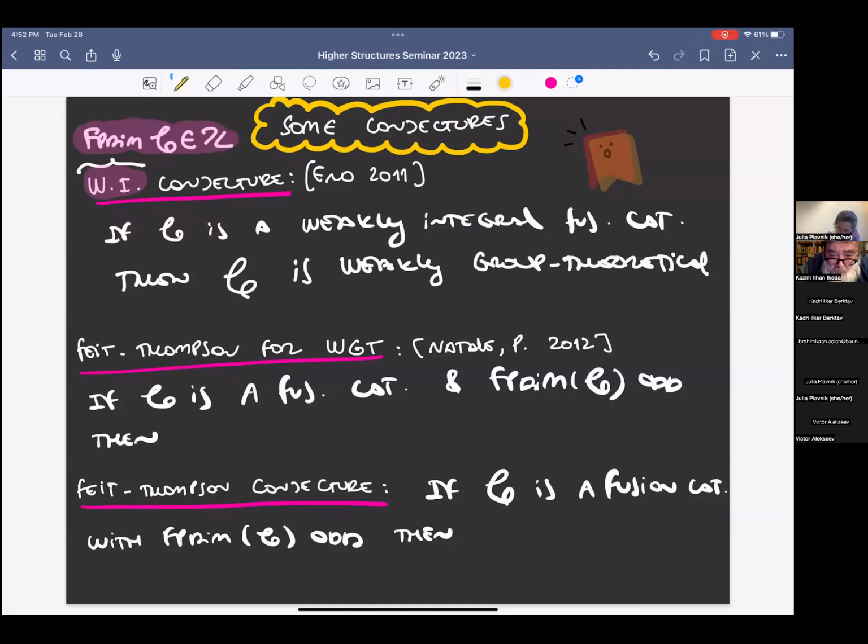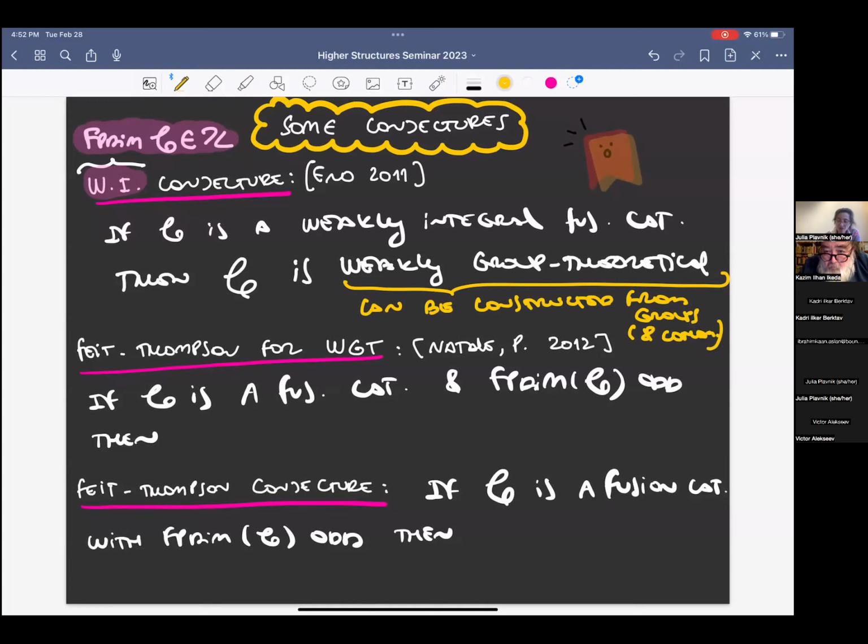Here I don't want to go into the technical definition at this moment, but let's say that it can be constructed from groups and cohomology.